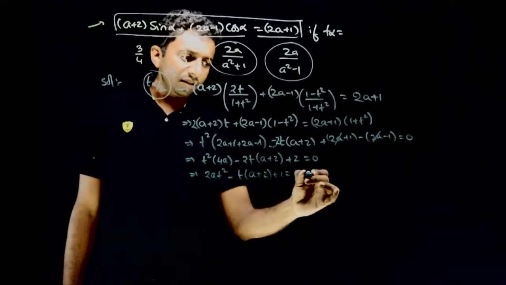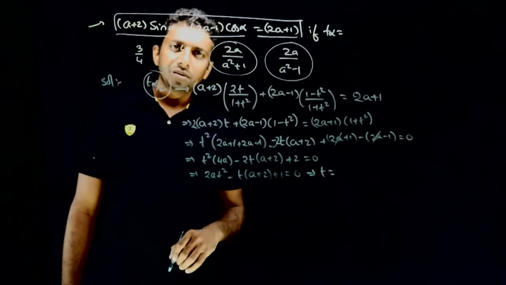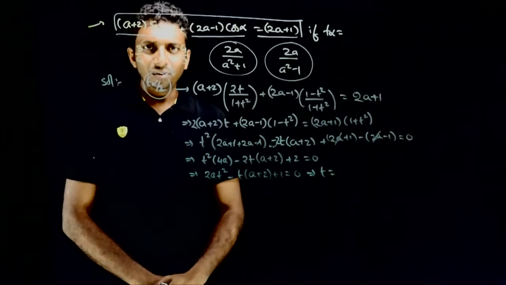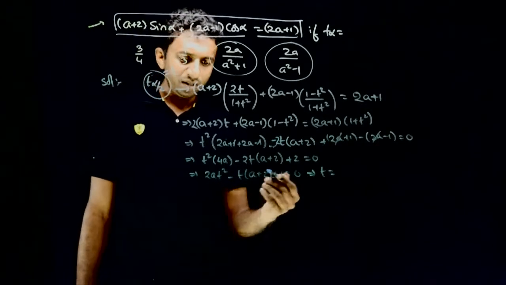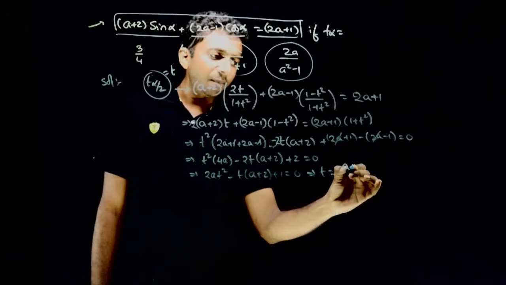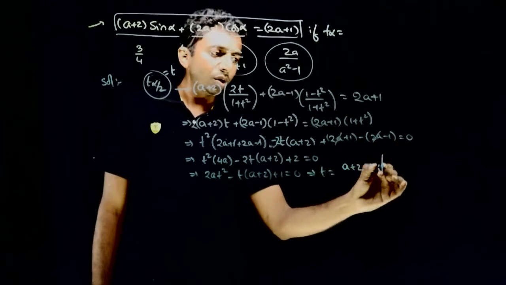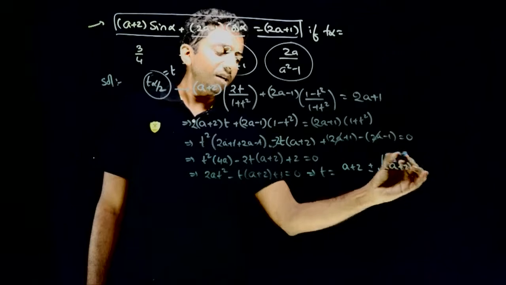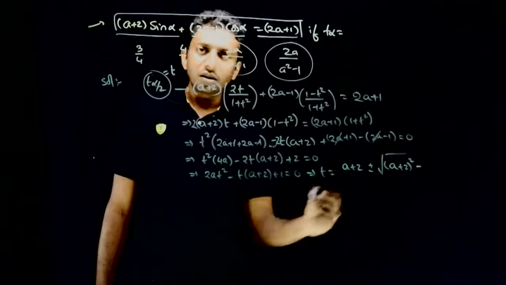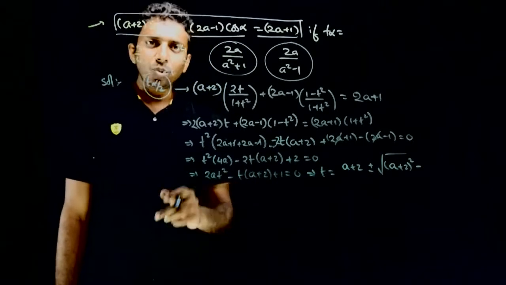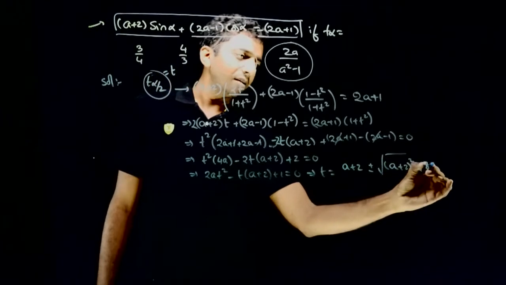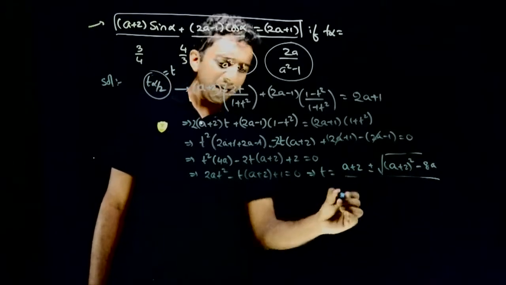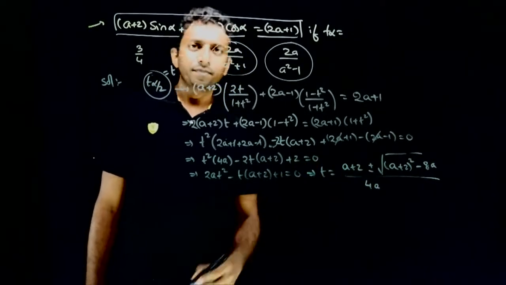Now we will solve this. This implies t is equal to (−b ± √(b² − 4ac)) / 2a. So (a+2) ± √((a+2)² − 4 times 2a) divided by 4a.